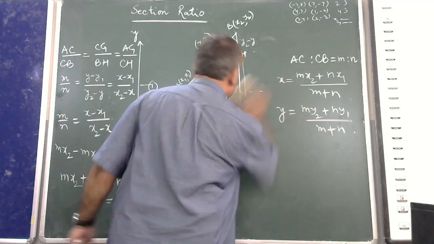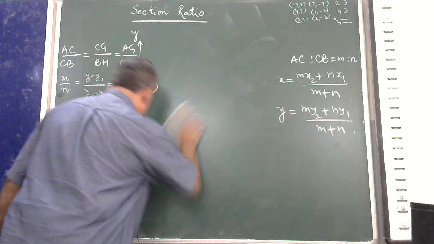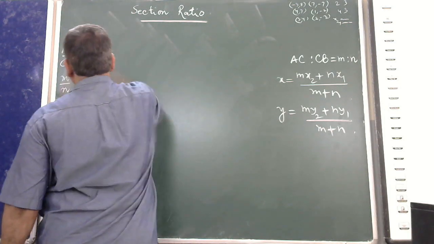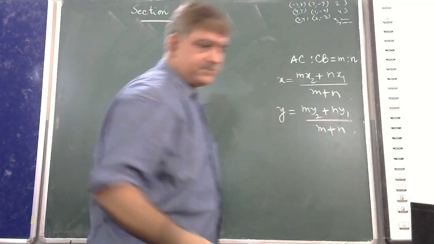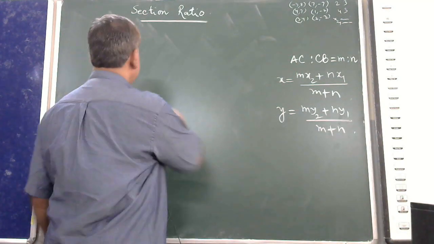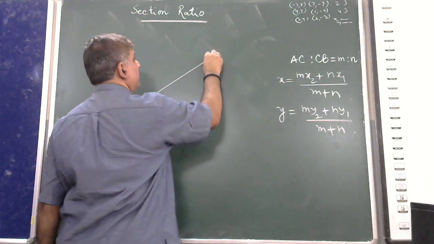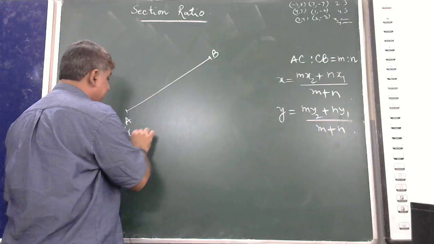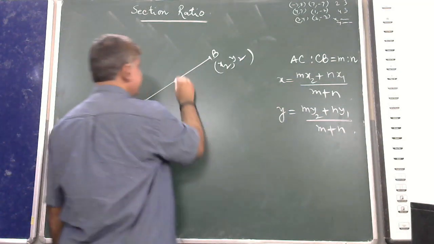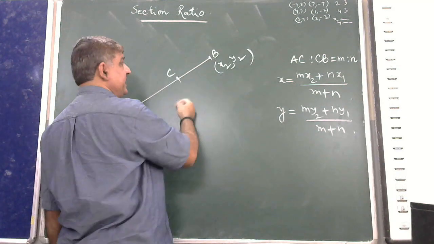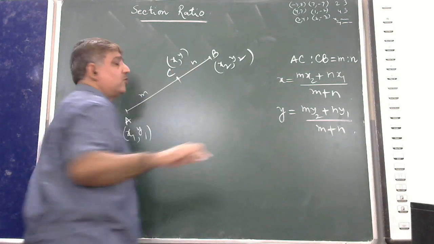Okay. One more thing: suppose we have drawn here a line segment like this. Say this one is A, this one is B. Now, A is (x1, y1), B is (x2, y2), and the coordinates of point C, which divides AB in the ratio m:n, is (x, y).